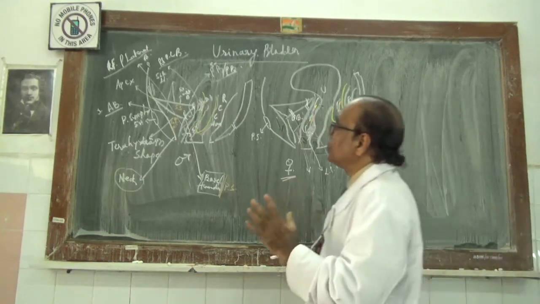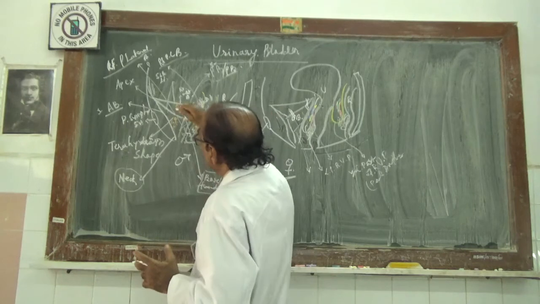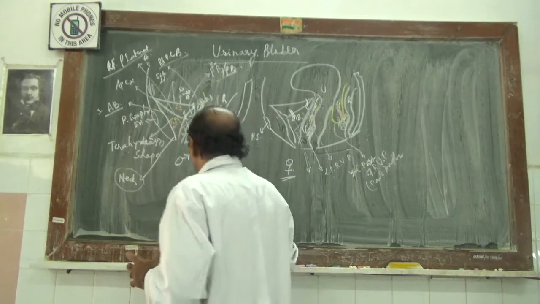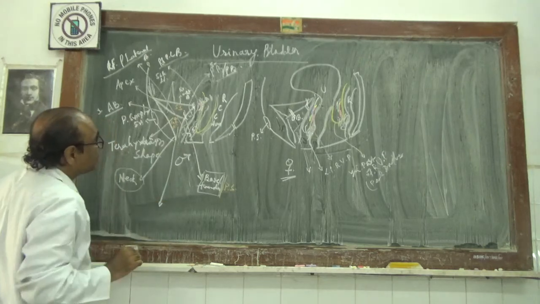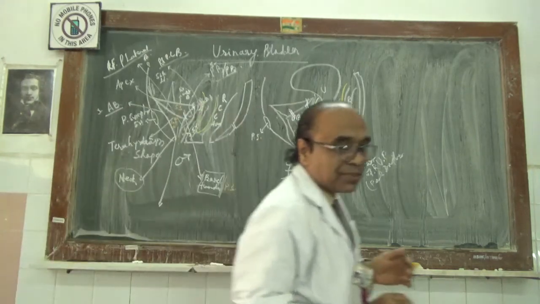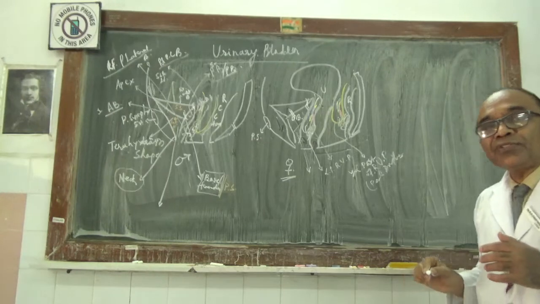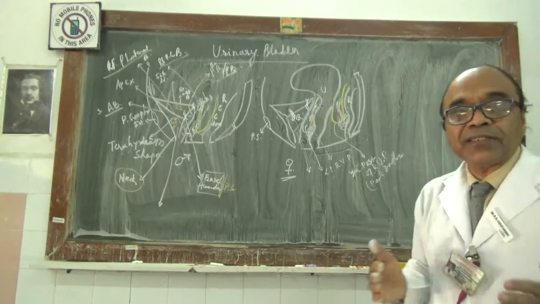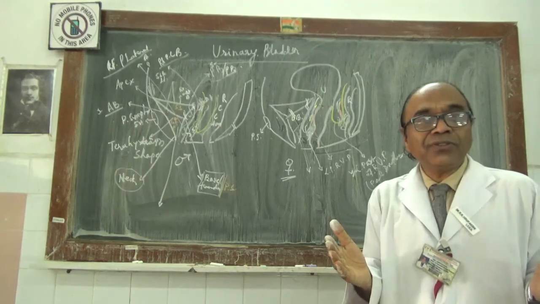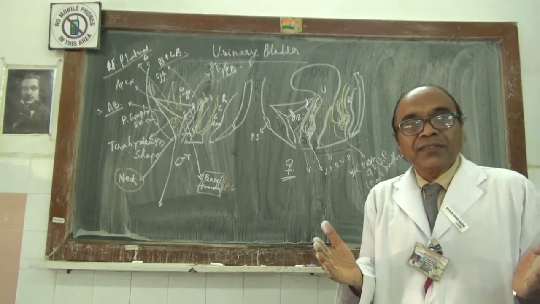Now you will get what are said to be the surfaces. First, the two infralateral surfaces of the urinary bladder, which are directed downwards and laterally.